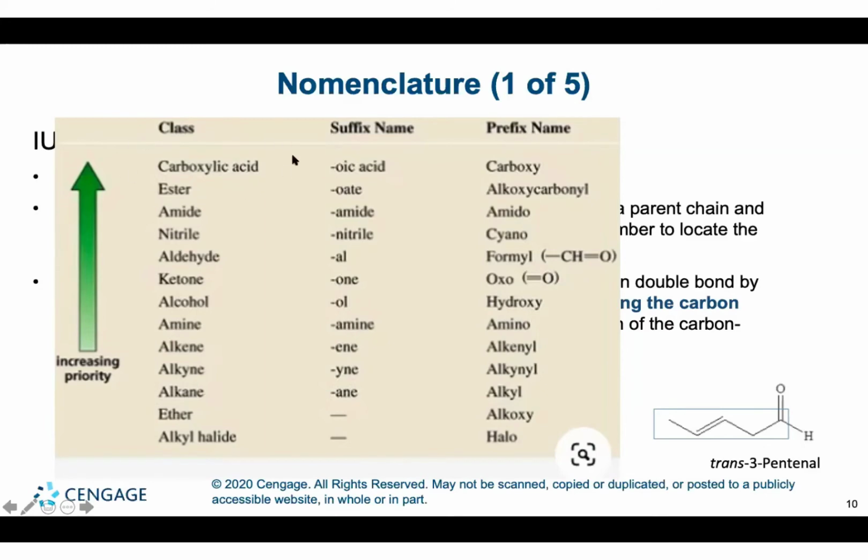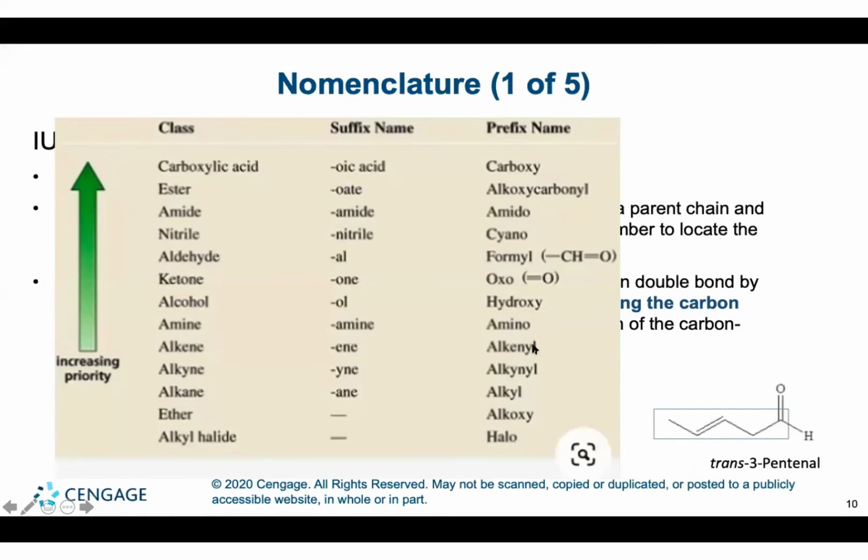We said that carboxylic acid is the most prior, right? And there is a suffix name and a prefix name. So when you have the aldehyde and this alkene, which one is most prior? Aldehyde. So the parent name, or root name, will be aldehyde.